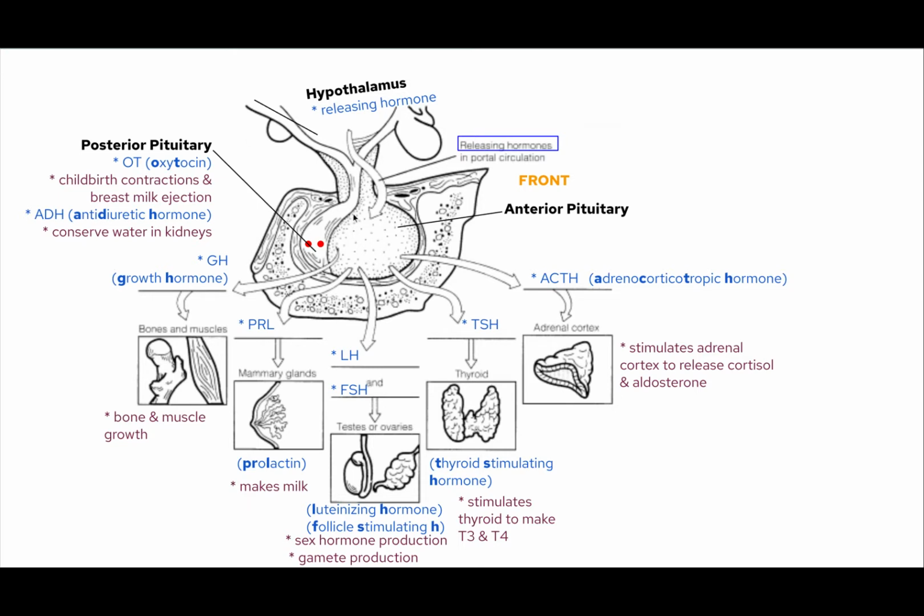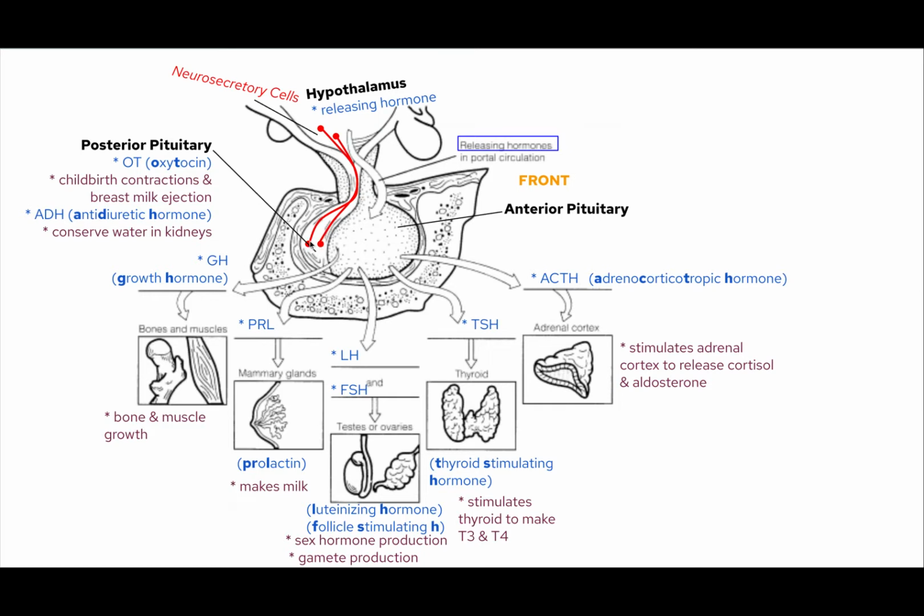Now, the hypothalamus, as you can see in this picture, gives releasing hormone to tell the anterior pituitary to release all of these. The posterior pituitary is not the same. And this is what I want you guys to draw on your picture here. Here are these little red dots. There are these structures called neurosecretory cells, and it is more of a nerve and hormone impulse that gets sent from the hypothalamus to stimulate the posterior pituitary.